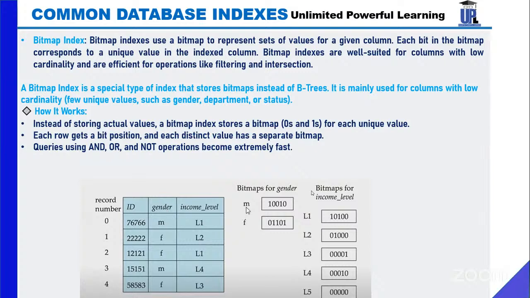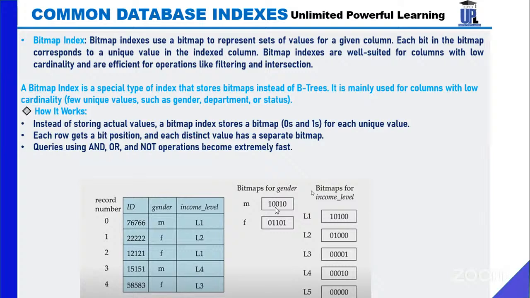How do you represent male, M? The first record is 1, the second record 0, the third record 0 because both are females, so that means 1, 0, 0. The fourth record is 1 because it is a male, and then F is 0. So we got the bitmap for gender.